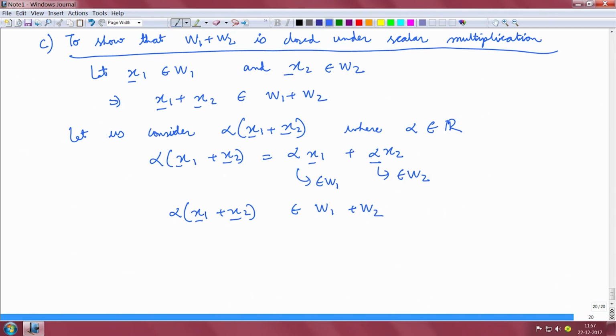So, we have shown that W1 plus W2 is closed under scalar multiplication. So, we have successfully proved that W1 plus W2 is indeed a subspace.